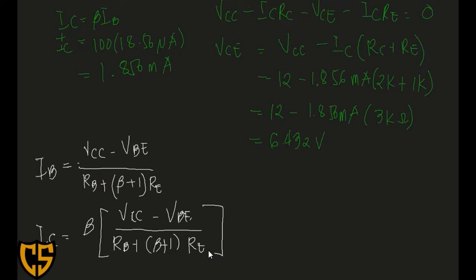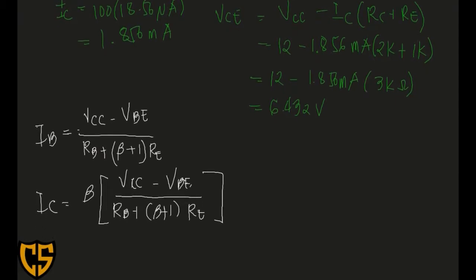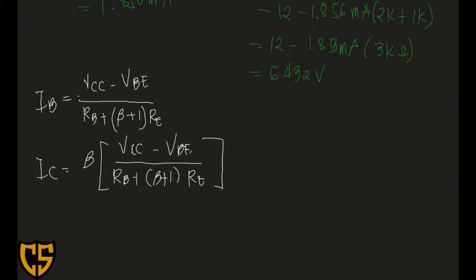Okay, so we are going to have a simple analysis of the formula. What will happen if the value of my RB is very small? It is very small, which means it will not affect my circuit.